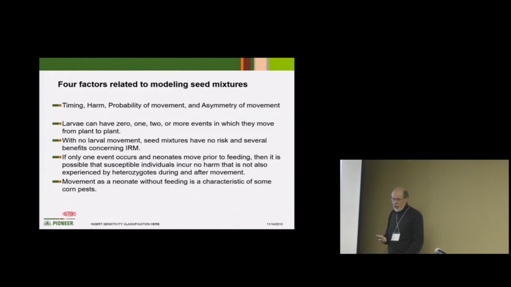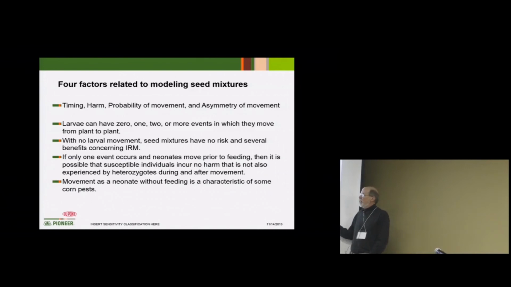This is a generalization of some things that need to be taken into consideration when you look at seed mixtures and behaviors. The timing of events, the harm that is done at each location where the insect is feeding, the probability of movement, and the likelihood that there's asymmetry of movement. There might be more or less movement off of a BT crop than off of a refuge or non-BT crop, for instance.